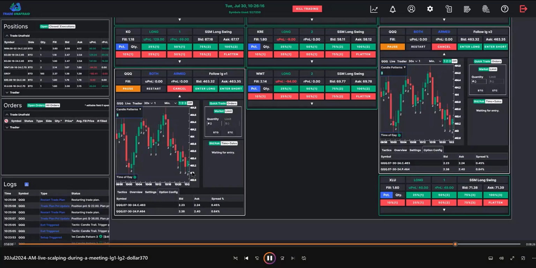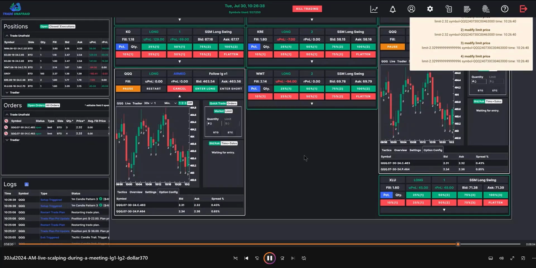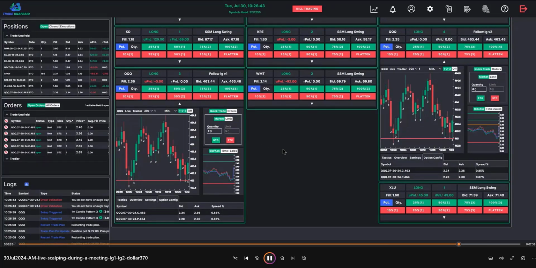All right, so this is going to be an outside candle again. Yeah, so there's the entry. There are all the targets.